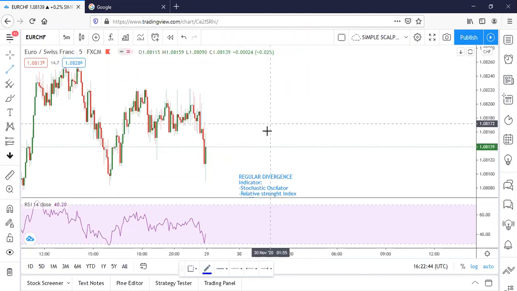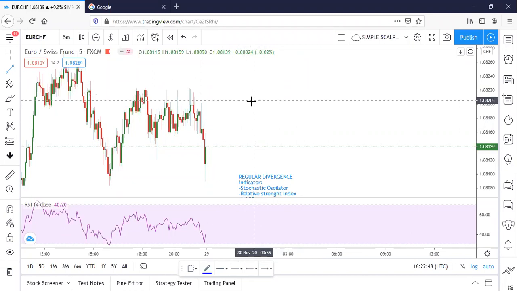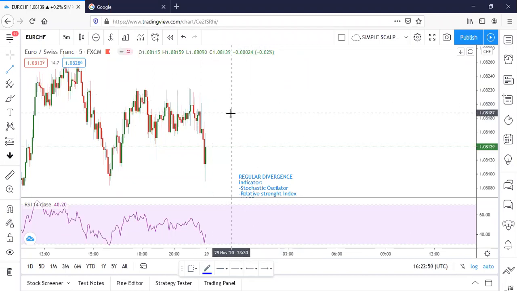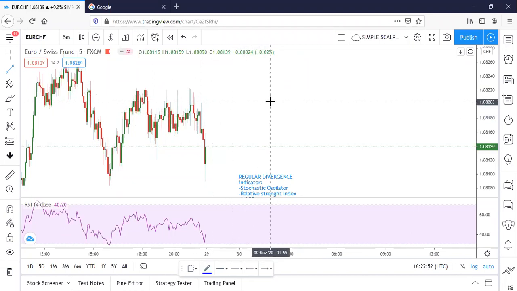Let's talk about bullish first. So now, how can you recognize a divergence? You want to see a lower low first. How can you spot that lower low?